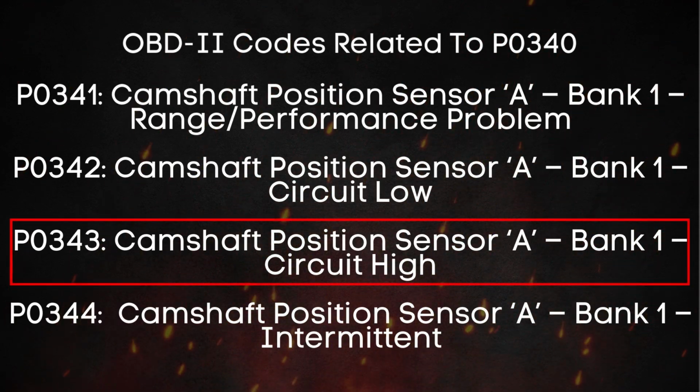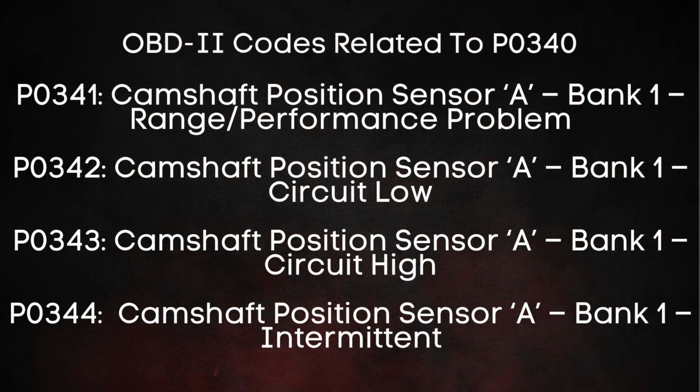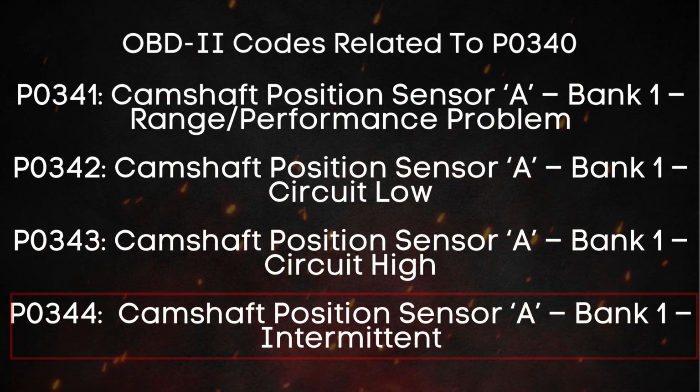It means the sensor is sending too much voltage, often due to a short circuit or a sensor that's completely failed. And finally, there's P0344, which stands for intake camshaft position sensor for bank 1 is intermittent. It means the signal is cutting in and out.